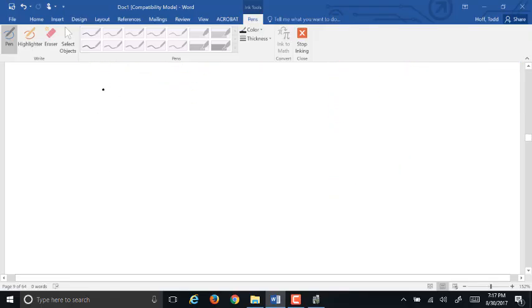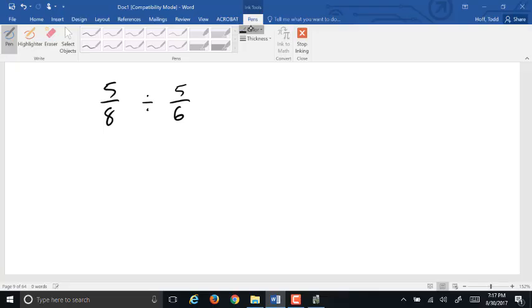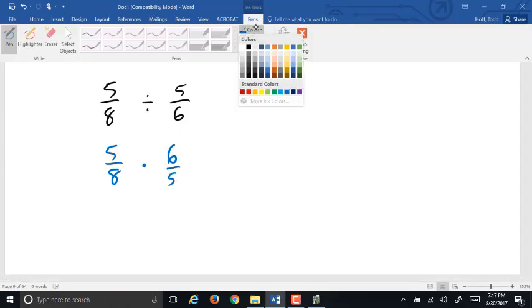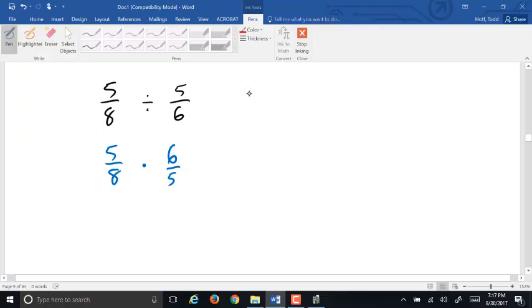So if I have 5/8 divided by 5/6, what am I going to do? 5/8 doesn't change. That becomes 6/5, and now we are multiplying. Now that it's multiplication, we have all the same rules we did for multiplication.